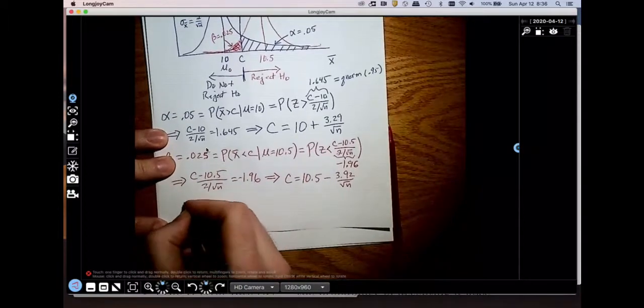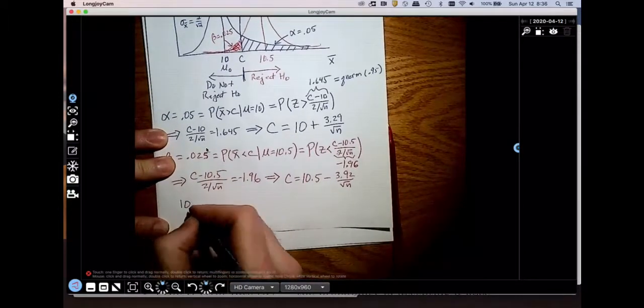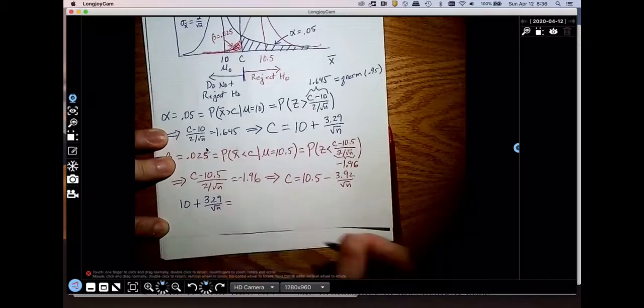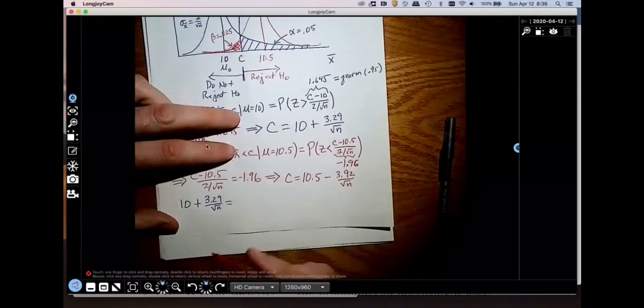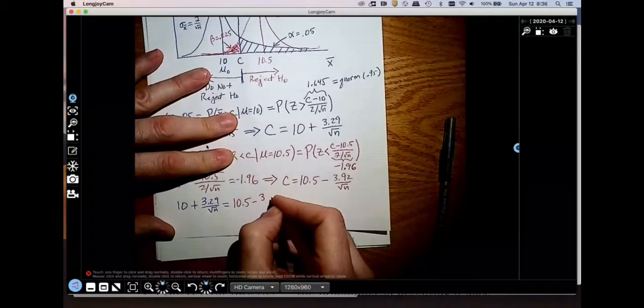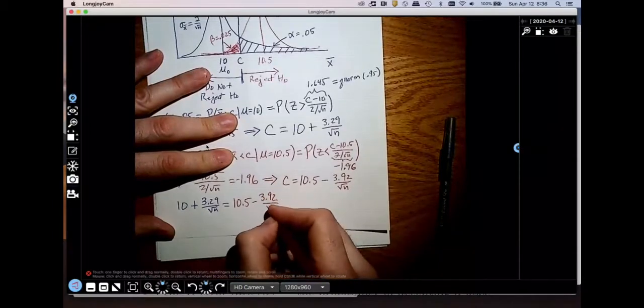So let's go do that. I think I've got enough space to do that on this piece of paper. So 10 plus 3.29 over root n is equal to, let's write the red equation over here, 10.5 minus 3.92 over root n.